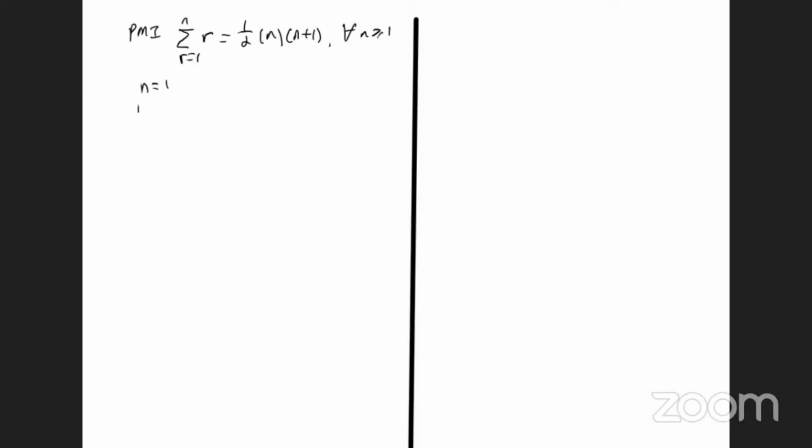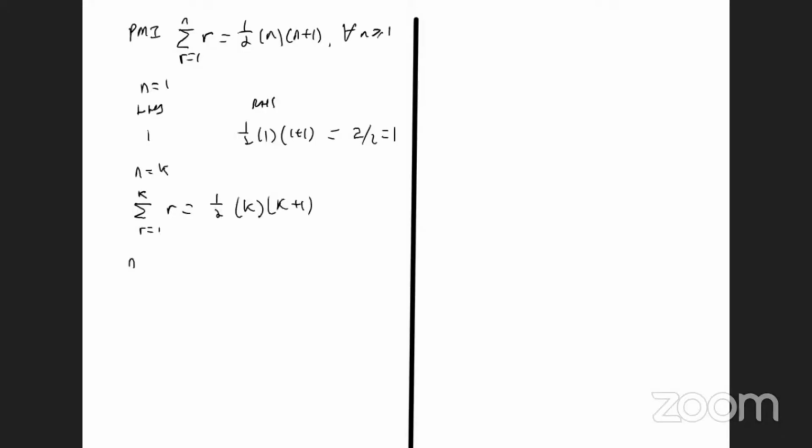When n is 1, left-hand side is 1 basically. Right-hand side is a half of 1 by 1 plus 1, half of 2, which is 1. Right? n equal to k. You're going to write the summation of r going from 1 to k of r is equal to half k by k plus 1.